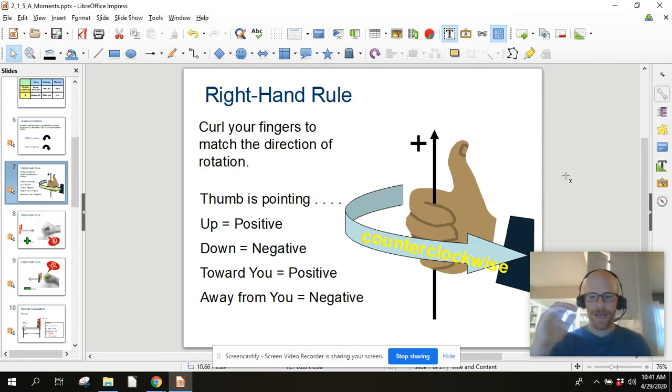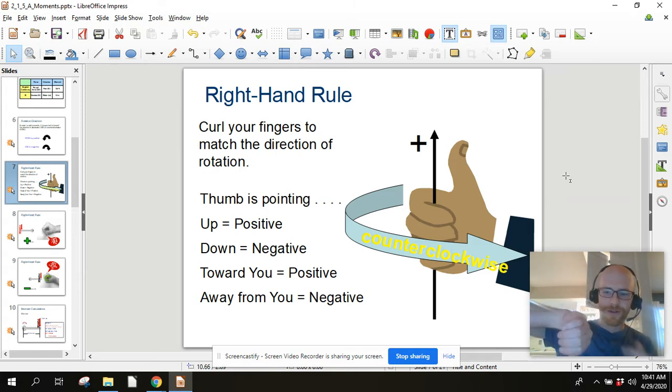You can picture yourself looking down at a paper, and you have a wrench that's rotating a point. Now you have to line your fingers up so the curl matches the way that the wrench is going to rotate based on the force. And the thumb is pointing up towards you if you're looking down at the paper, or down, because you're trying to match the curl of your fingers with whatever direction it's moving.